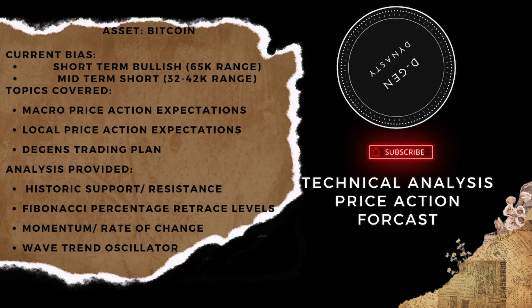So we looked at historic support, we looked at our fib percent retraces. We came down a third thus far, but opened to coming down 50%, kind of down to that $40,000 range. We looked at our momentum and our rate of change on that wave trend oscillator. So now we got to look locally.